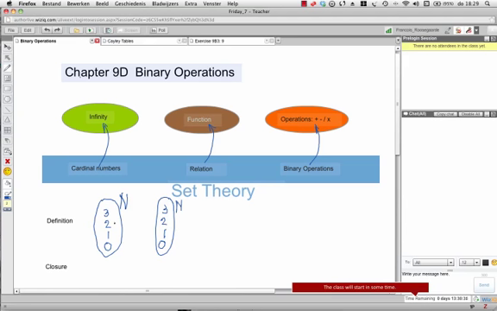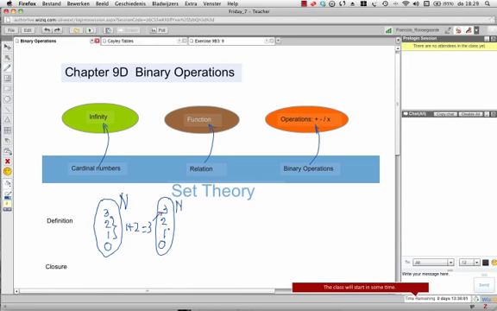And instead of connecting one element from the domain to another element in the codomain, I take two. For instance, the numbers 1 and 2, and I perform an operation on these two numbers, giving of course the answer 3, being an element of N again.